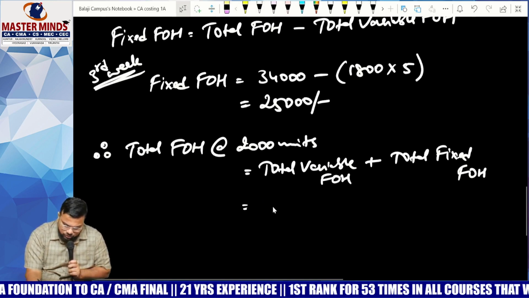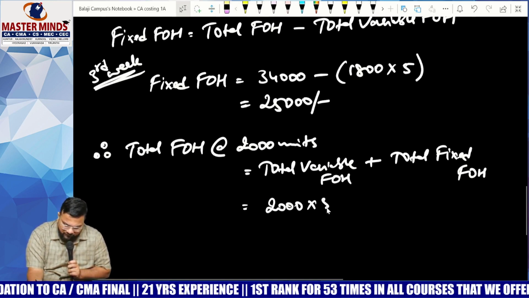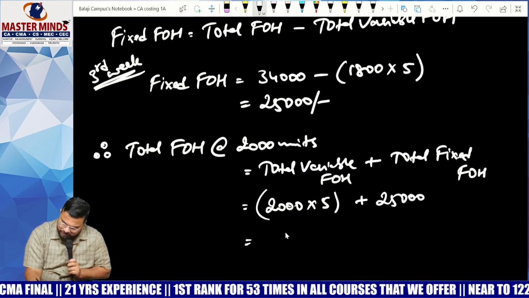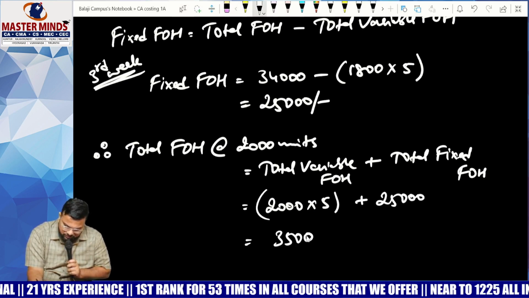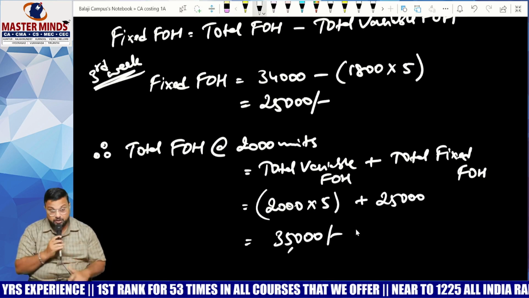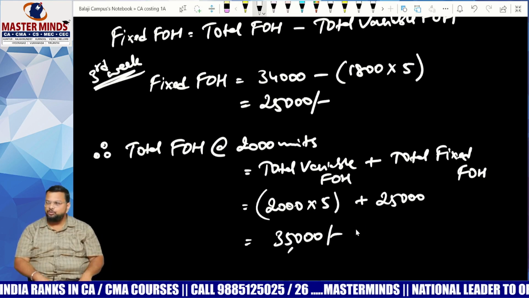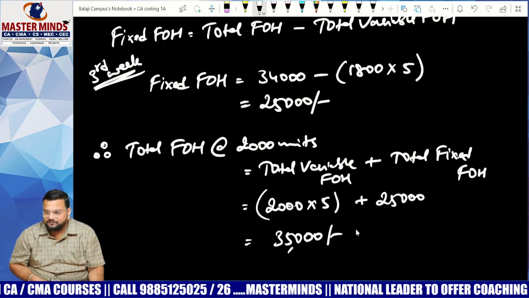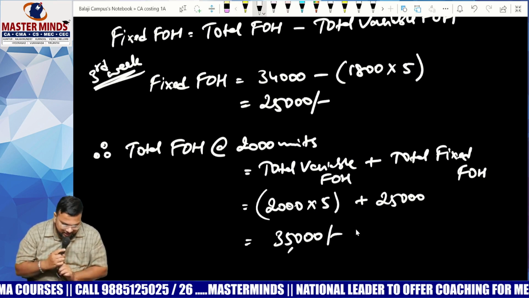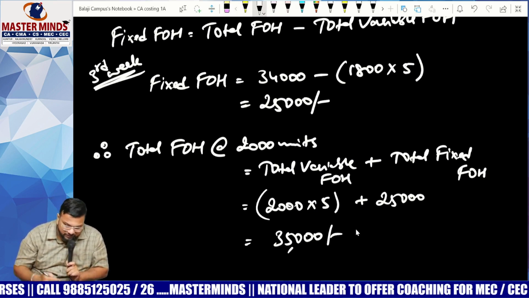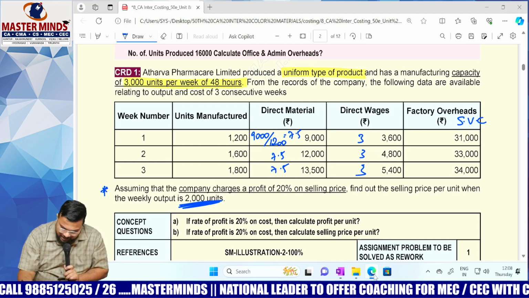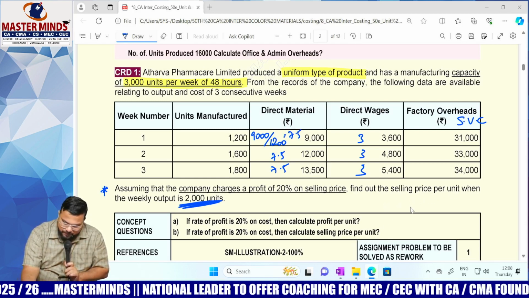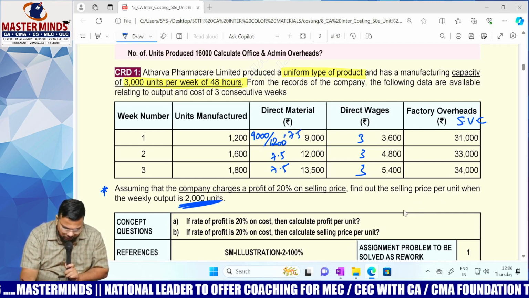So 2000 units into 5 plus 25,000: 10,000 plus 25,000, 35,000 rupees. Now we need to calculate the selling price. What have you been asked? A statement showing selling price per unit when the weekly output is 2000 units.